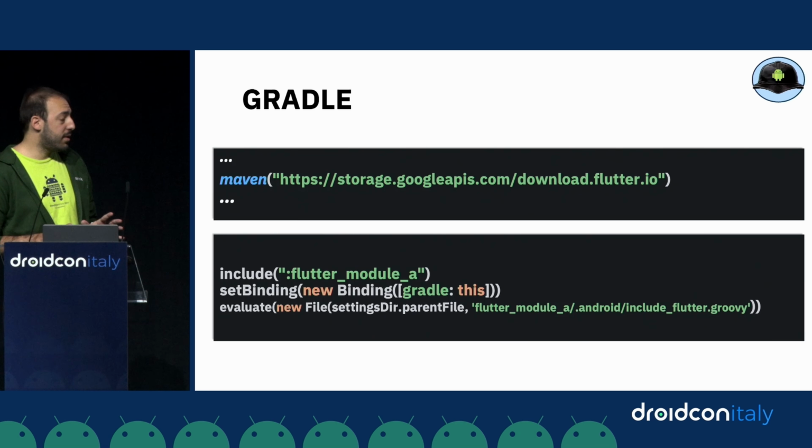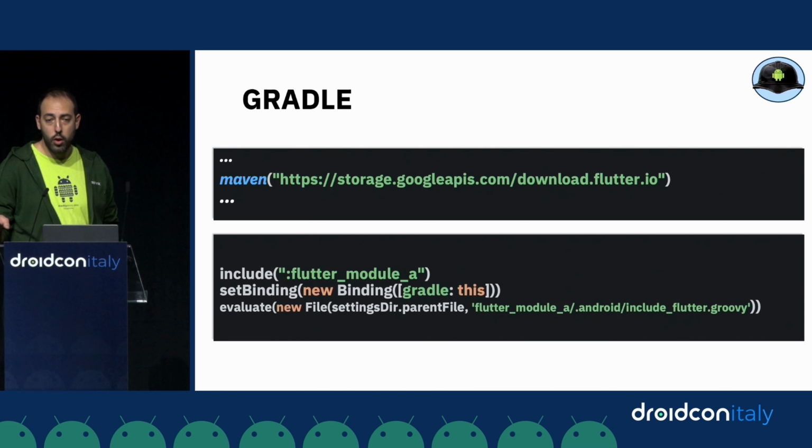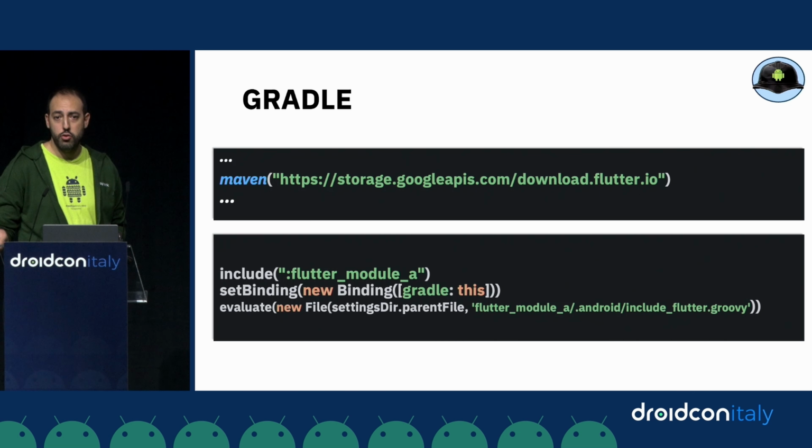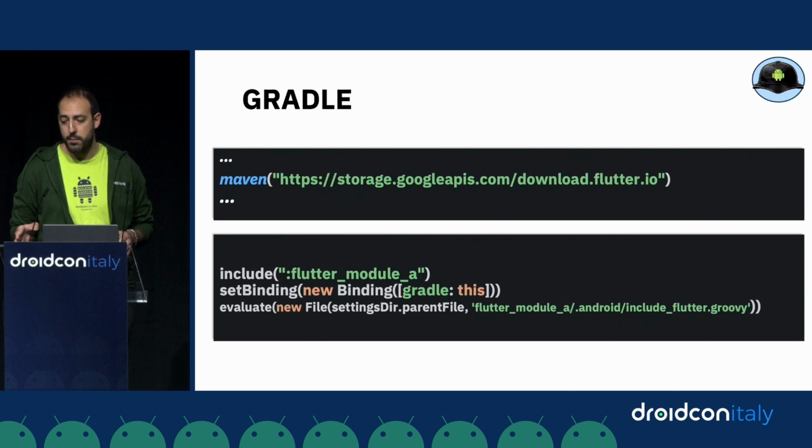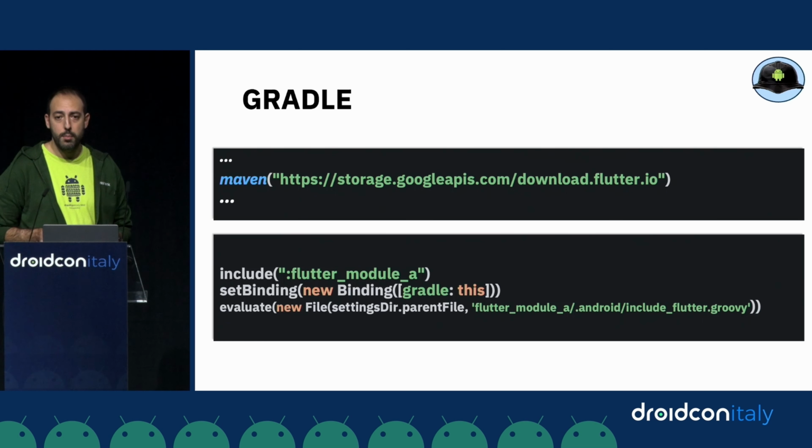But what is really important here is to focus on the .android folder generated into the Flutter package, which includes _flutter.groovy. It's very important because that Groovy file will configure the Android part from the Flutter package into your native module or app.